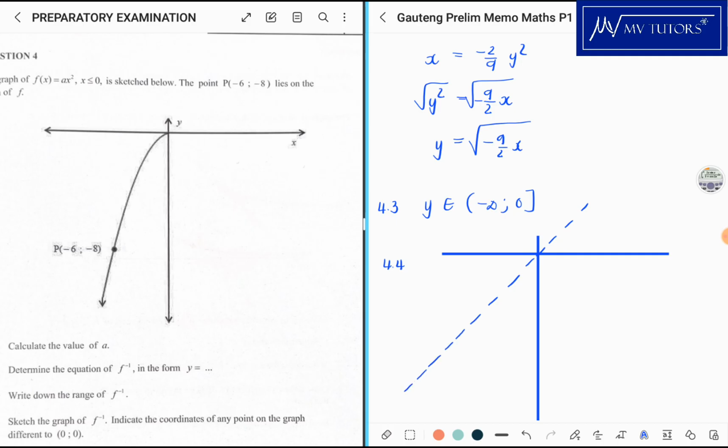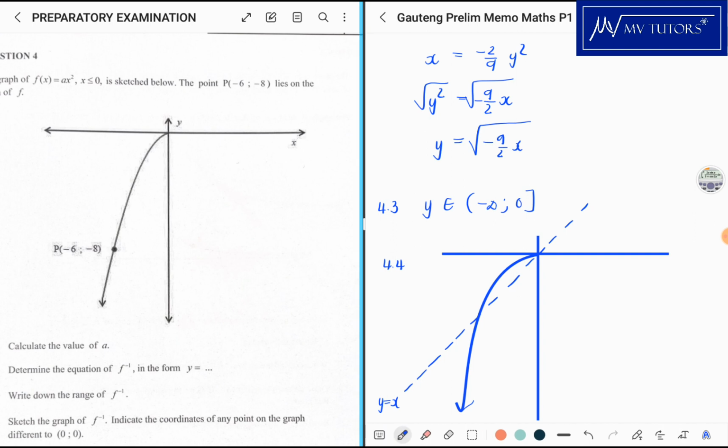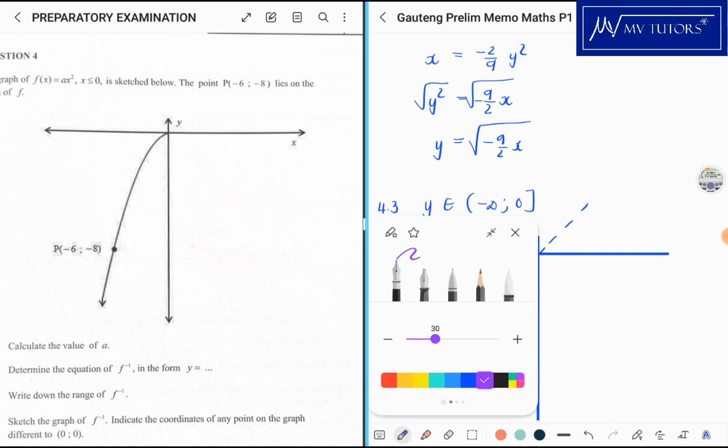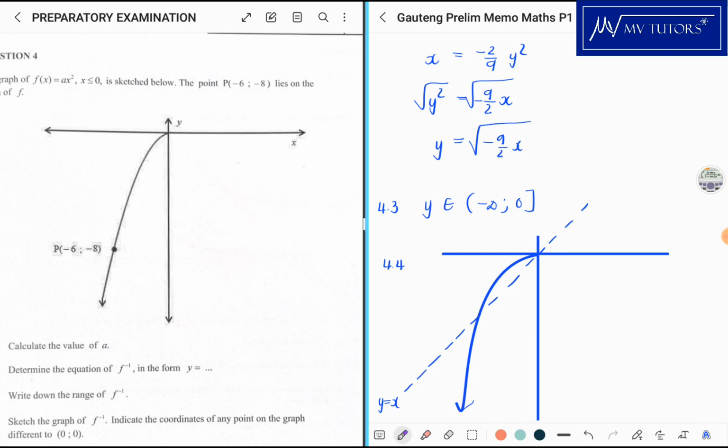Let's just pretend this is our line y is equal to x. So the original function looks something like this. And then our inverse, I'm going to use a different color, purple. It looks like this. Okay, I tried.